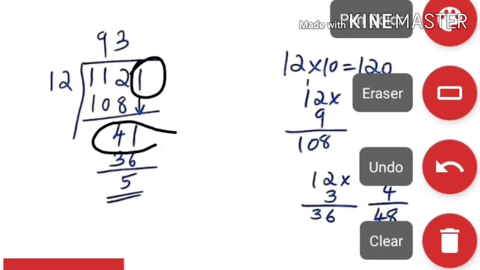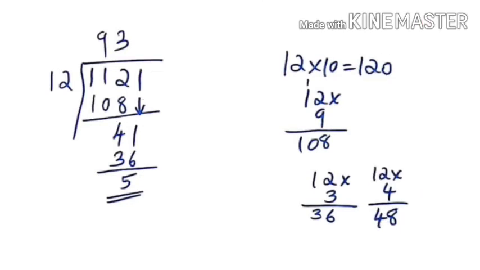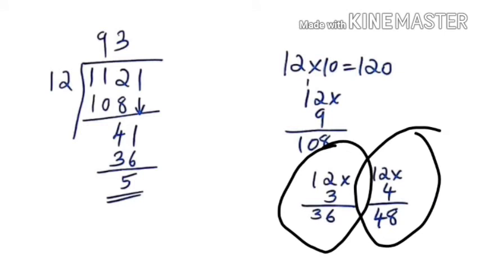How many 12s are there in 41? Let's check it. 12 into 3 is 36. 12 into 4 is 48. So 48 is a greater number. So take 36. 12 into 3 gives you 36.